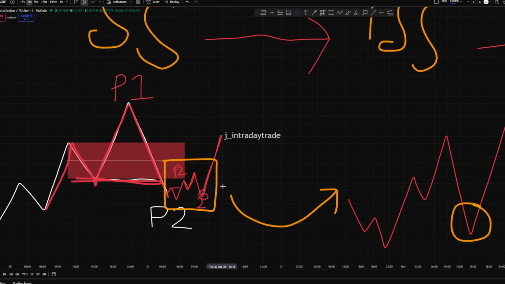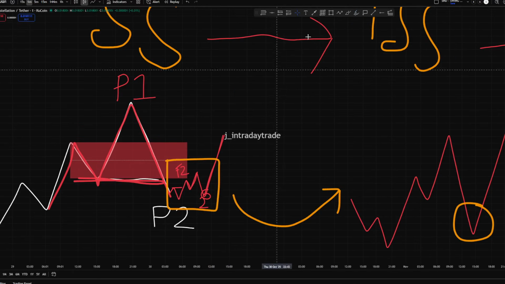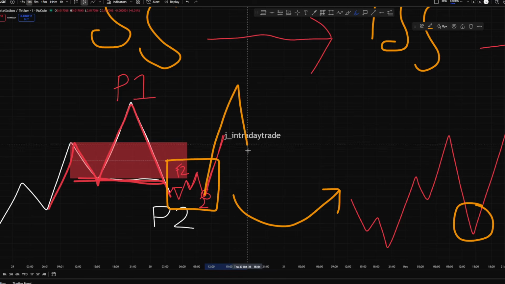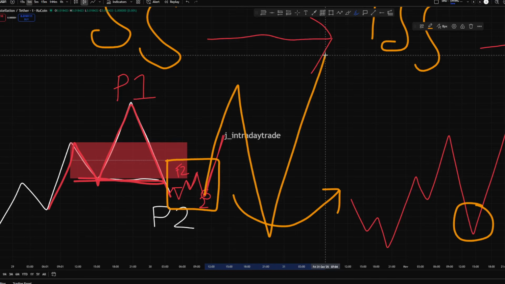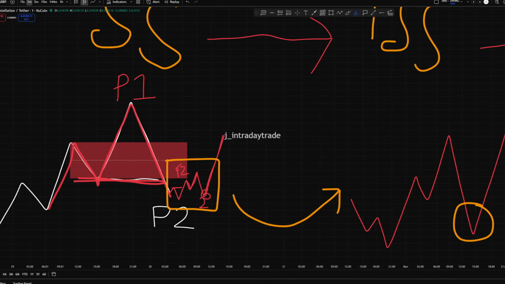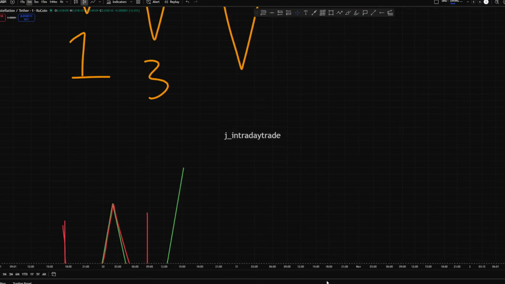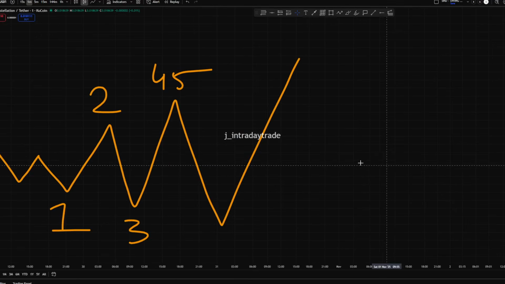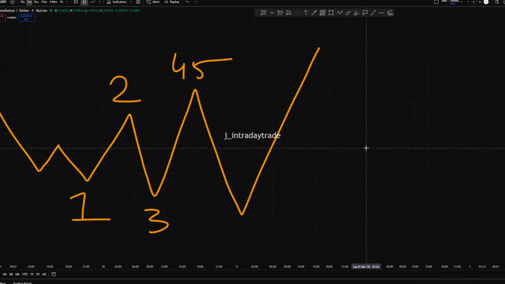We have this. So that 2, if that succeeds to go higher, then we might have our run on that low again, and then into this high, and then into that low, into this high, right? It goes on forever. It's this never-ending triangle. It just goes on forever.